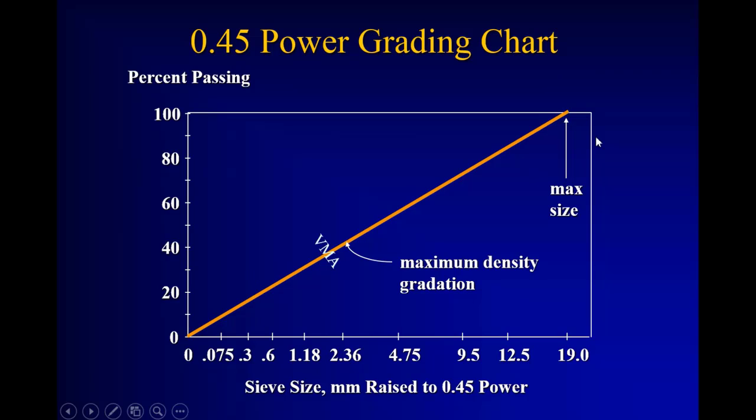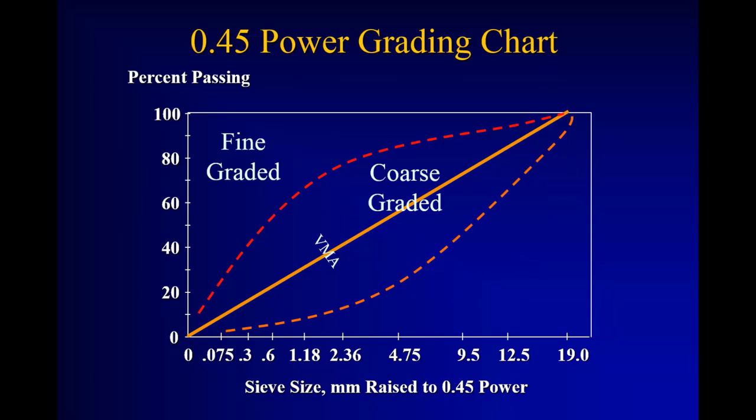And draw this straight line. That's called our maximum density line. And if our gradation, kind of illustrated by this dotted red line here, falls to the left or upper side, we call that fine graded. So on the number 8 sieve, for example, we have almost 78% passing.